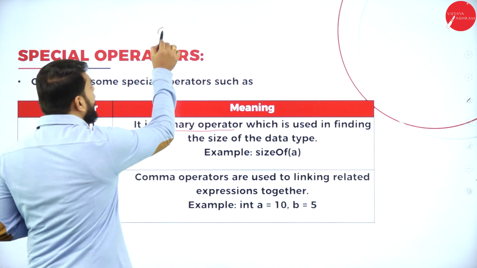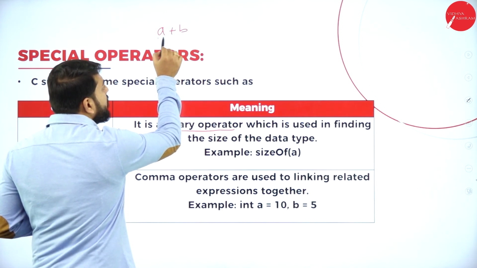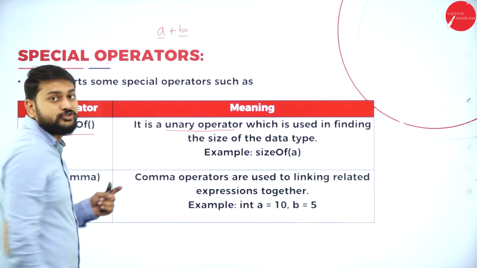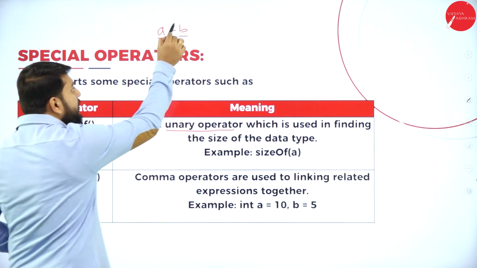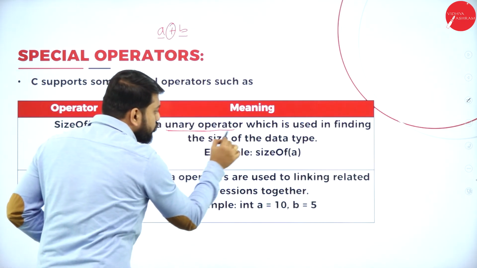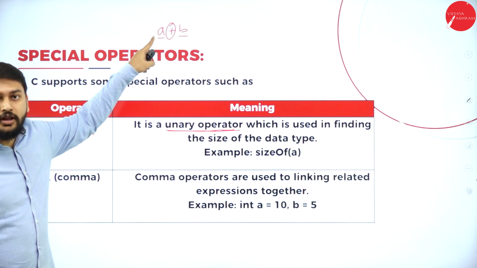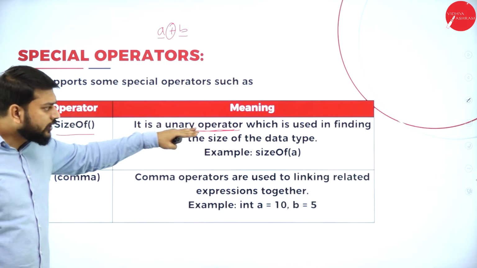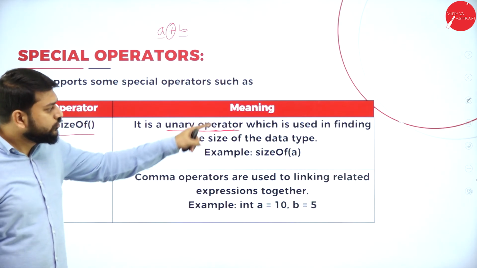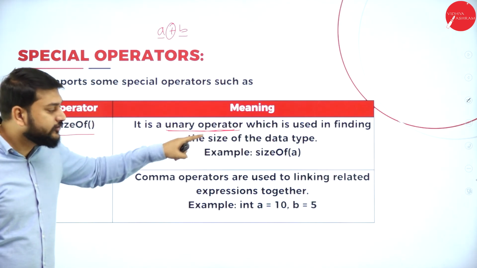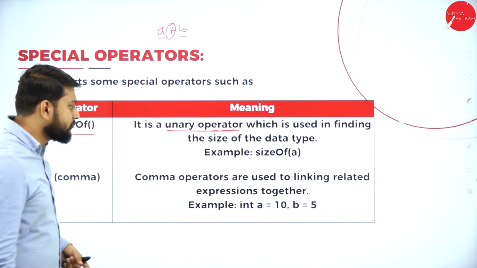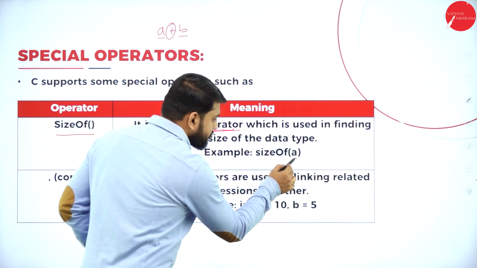See, for example, a plus b. How many operands do you have? You have two operands. So this is a binary operator. Here, this is a unary operator. Unary operator in the sense that I will be using only one variable, one operand. That is what you need to understand first, which is used in finding the size of the data type. What is the meaning of it? Say for example, I have a.